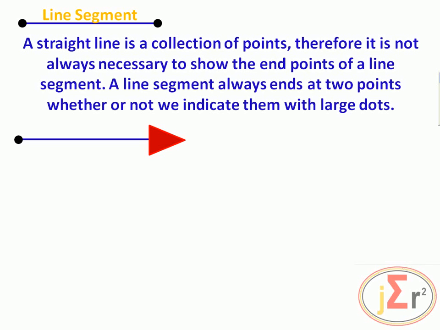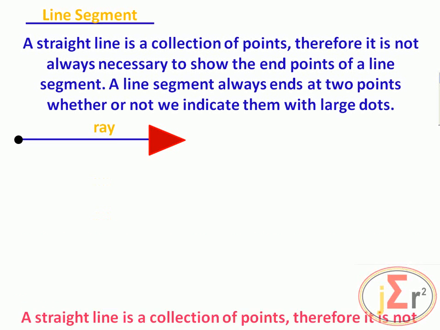If we do not show those enlarged points at the end of the line segment, it is still a line segment because it must have endpoints, because a line is a collection of points. So drop out those enlarged endpoints and we still have a line segment.